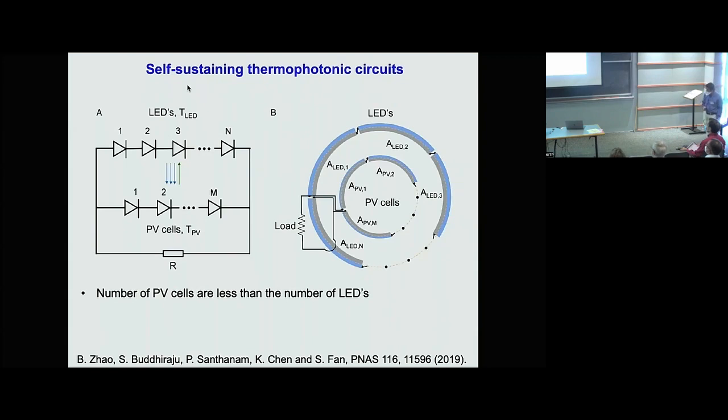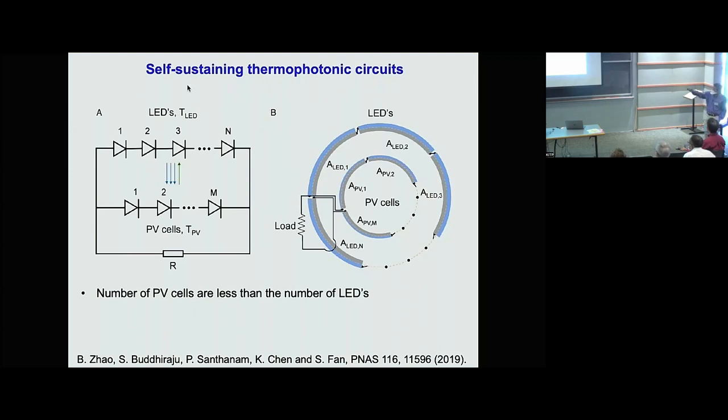In this case, it turned out that this breaks the balance between the emitted photons on the LED side and the absorbed photons on the photovoltaic cell side, and the extra electrons can be spared to drive a resistor. And so this gives a self-sustaining thermophotonic circuit.